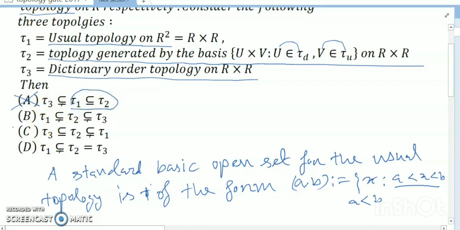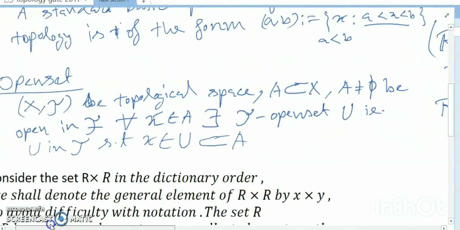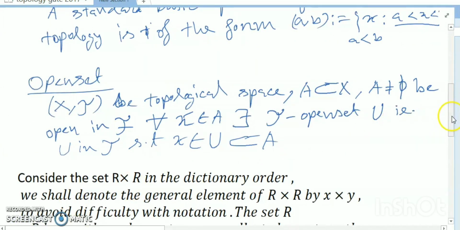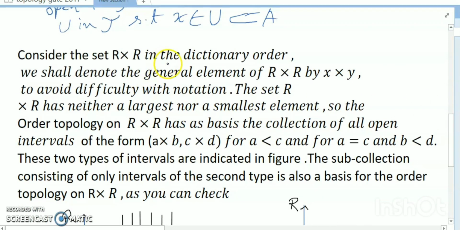This is the rule. We will try to discuss order topology, the dictionary order topology. So consider the set R cross R in the dictionary order. We shall denote the general element of R cross R by x cross y.